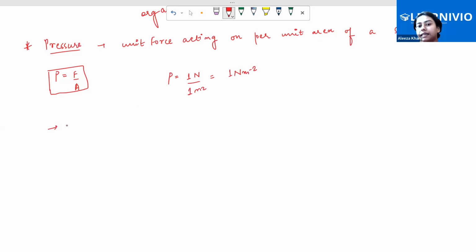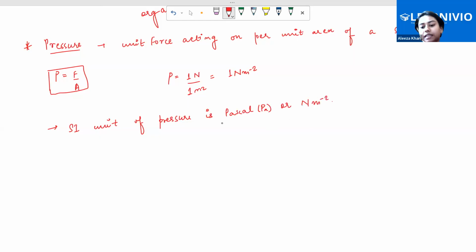So can I say the SI unit of pressure is Pascal? Yes. Pascal, denoted with Pa, or Newton per meter square.